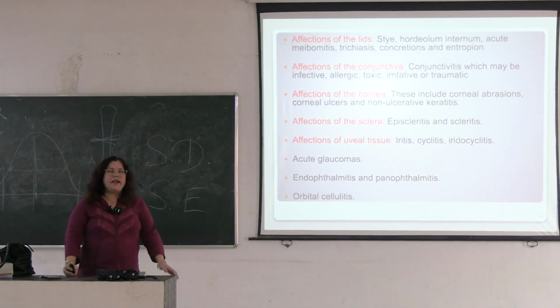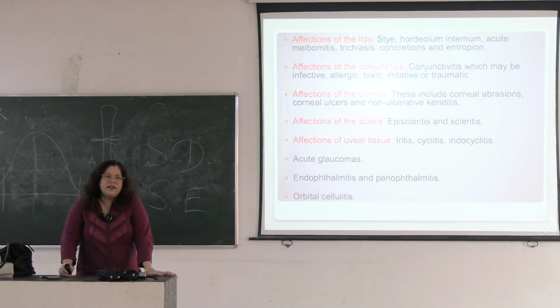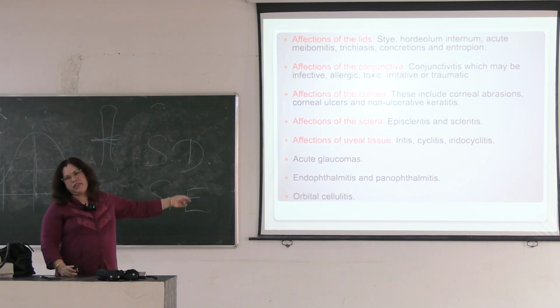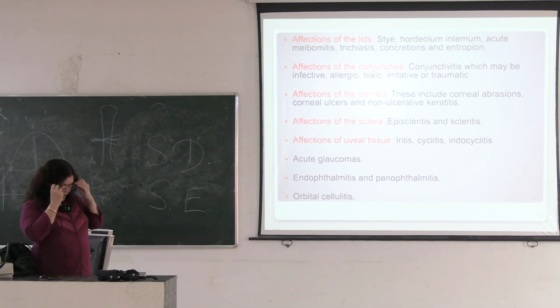What is endophthalmitis? This is the greatest complication of cataract surgery. You already know about it from the lens chapter. You have read it. When does endophthalmitis occur? And what is panophthalmitis?